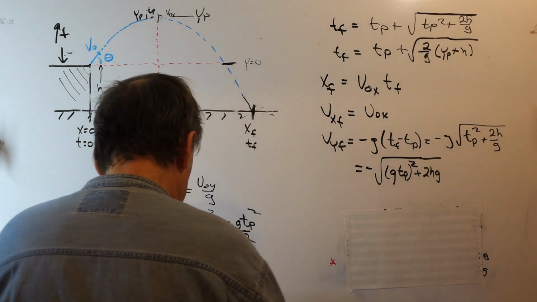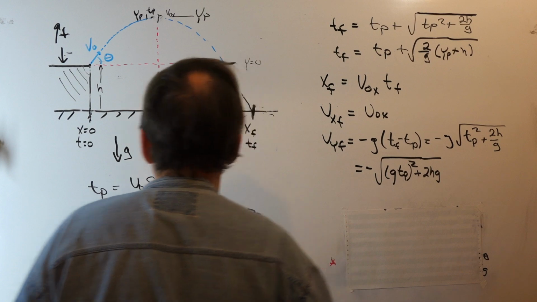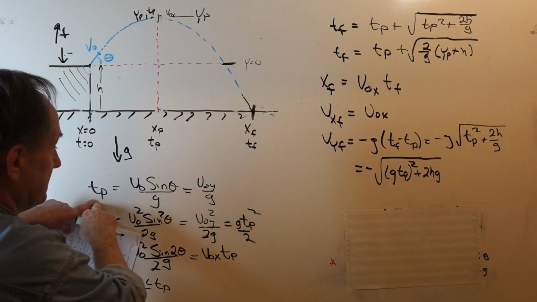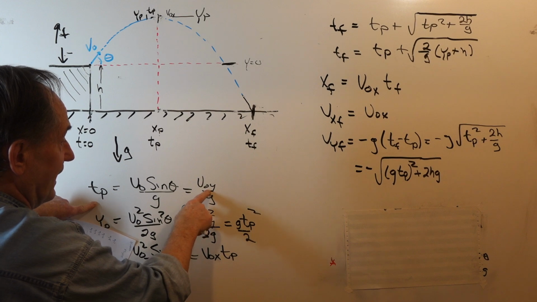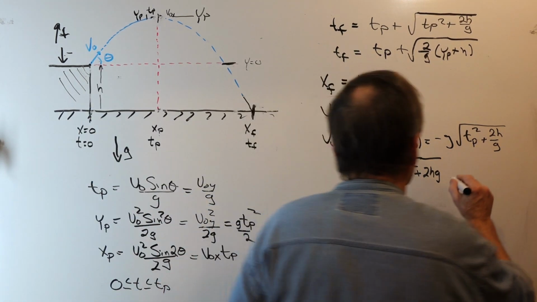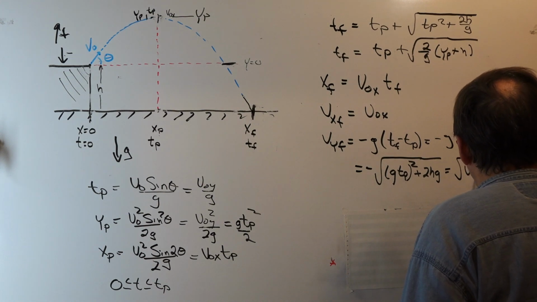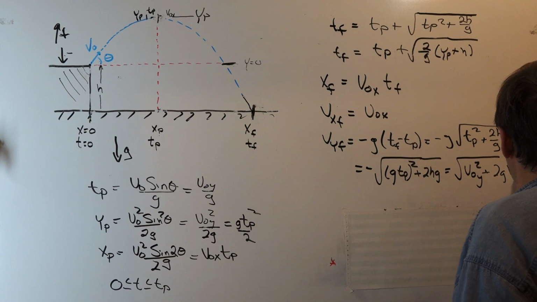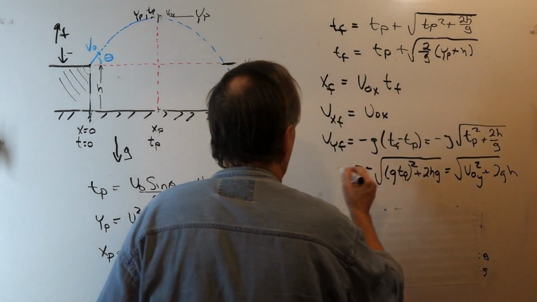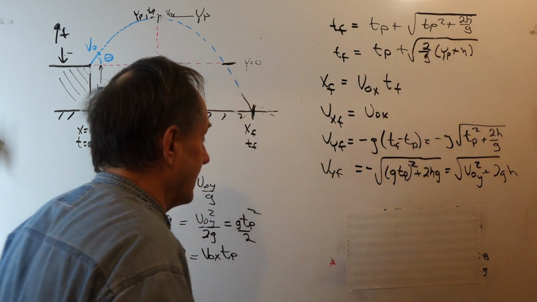Now, what is g times t peak? Well, g times t peak is just the initial velocity in the y direction. So we could also write this as the square root of v0y squared plus 2gh. Another form for the final velocity in the y direction.